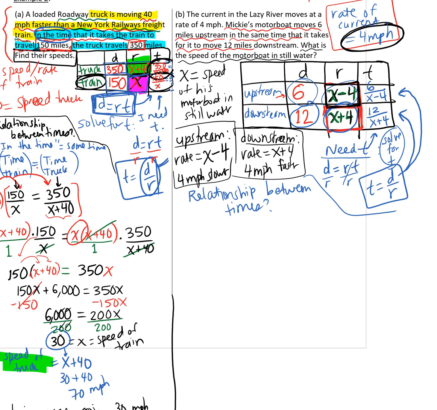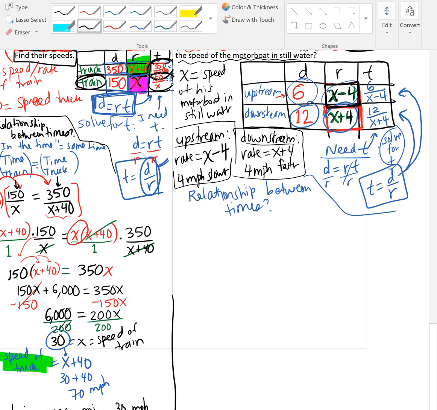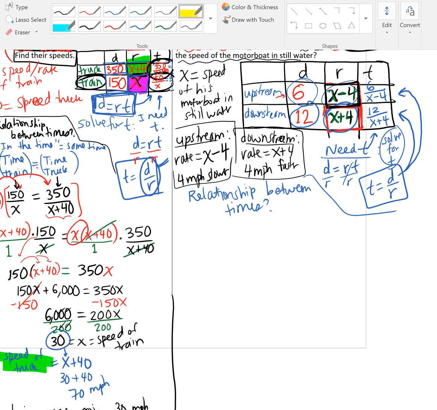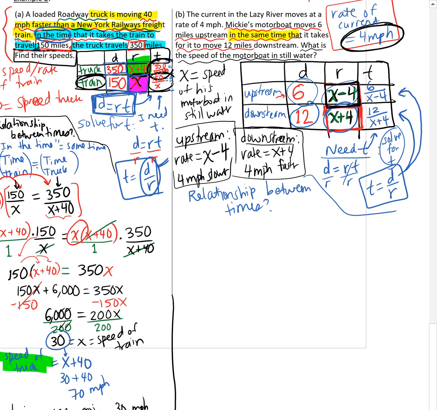That doesn't tell me anything about the times. Mickey's motorboat moves 6 miles upstream. Aha, here we go. In the same time that he goes downstream. I think that was the same relationship as in the last one. Times are the same. So his time upstream is equal to his time downstream.